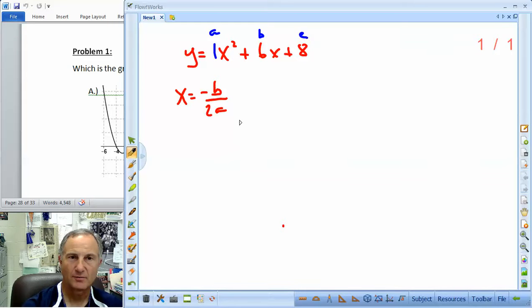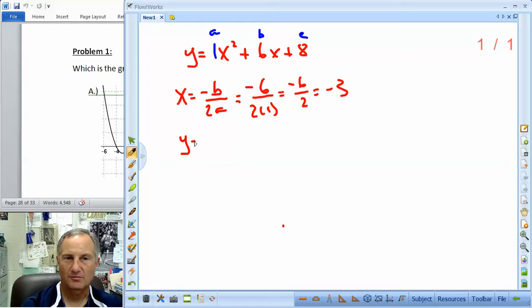So we're just going to plug them in. We get negative 6 over 2 times 1, and negative 6 over 2 is negative 3. Now let's find the y.